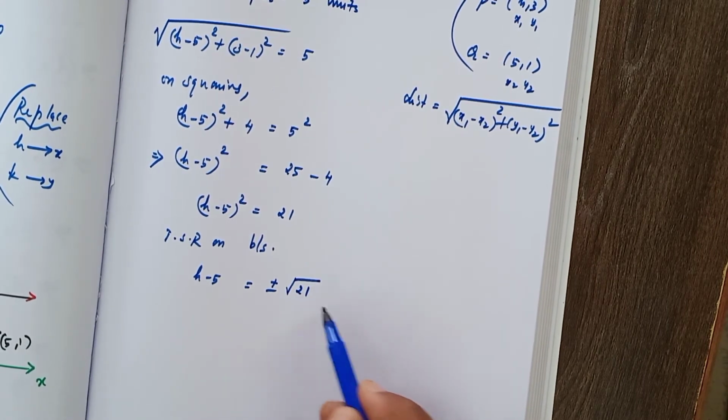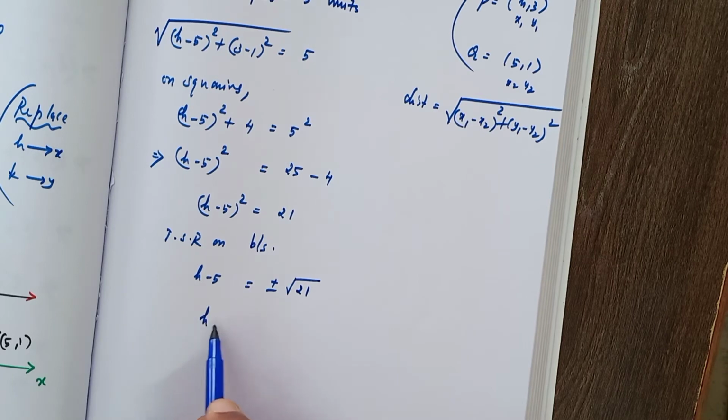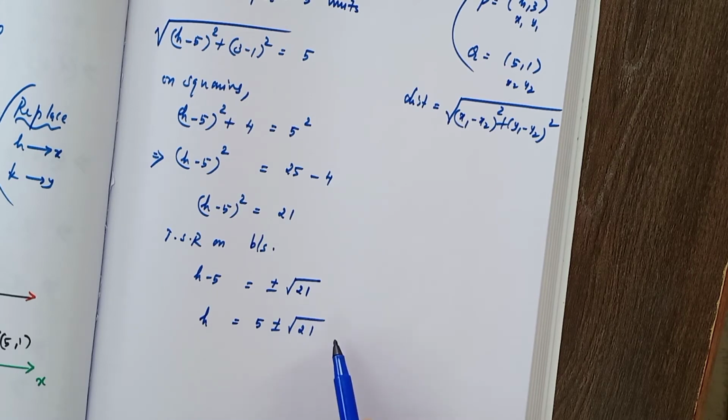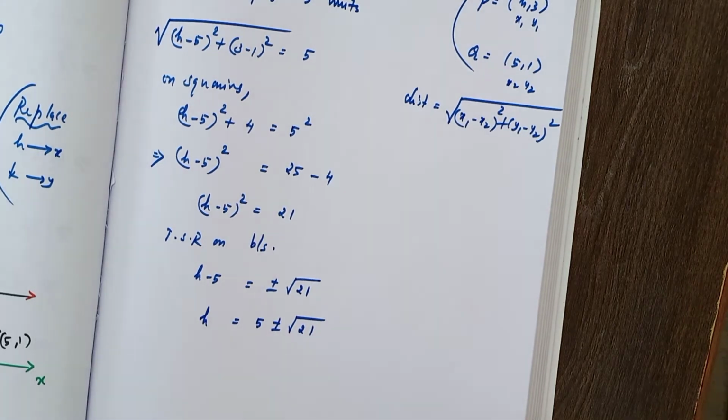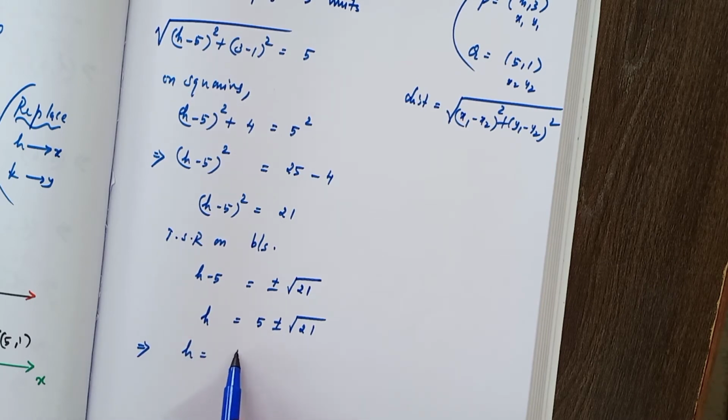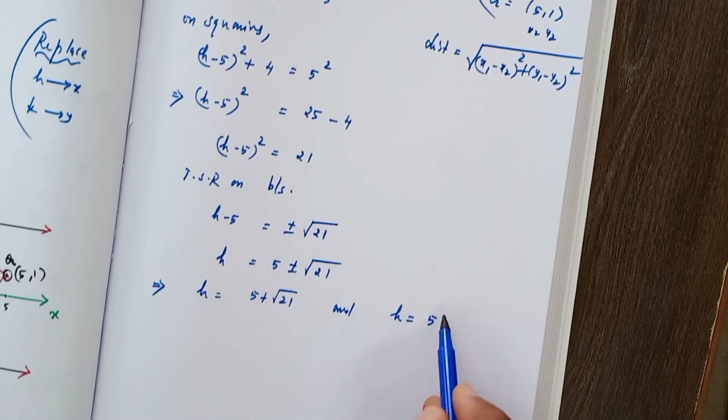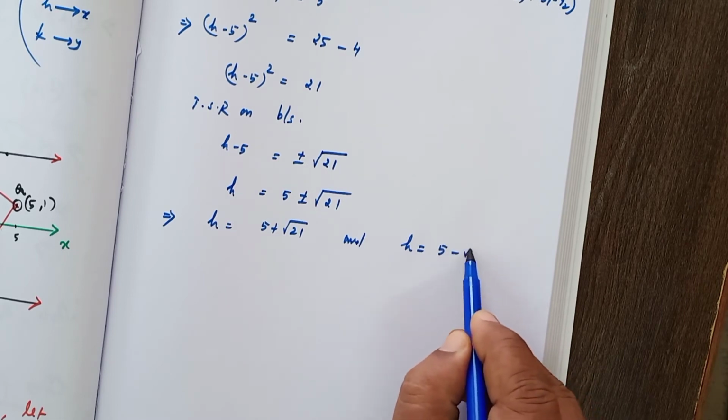It is not a perfect square number. So h equals 5 on the right hand side, plus or minus square root of 21. That means h equals 5 plus root 21 and h equals 5 minus root 21.